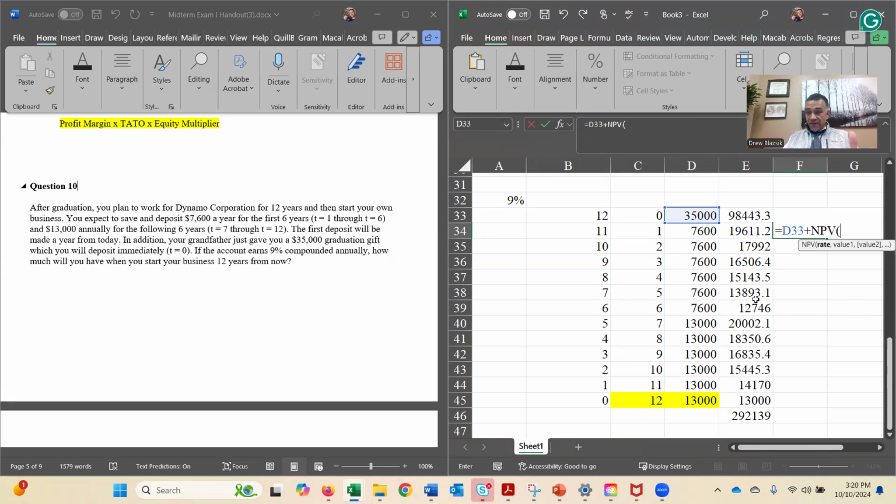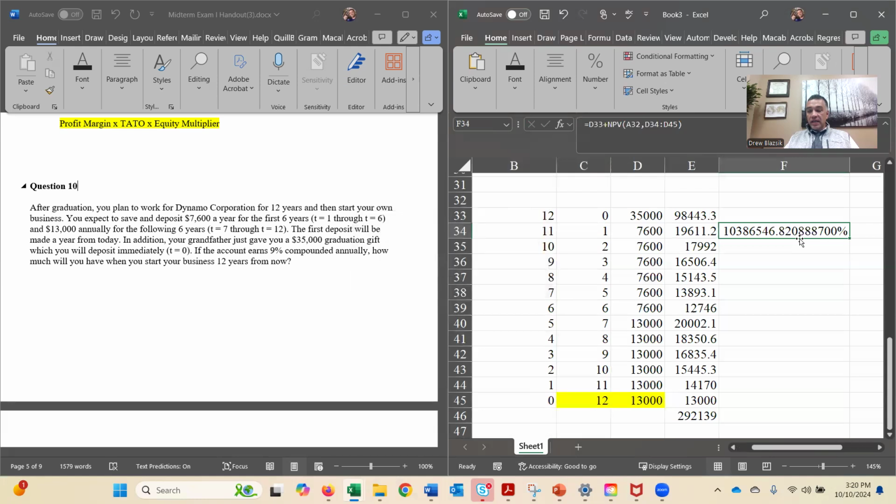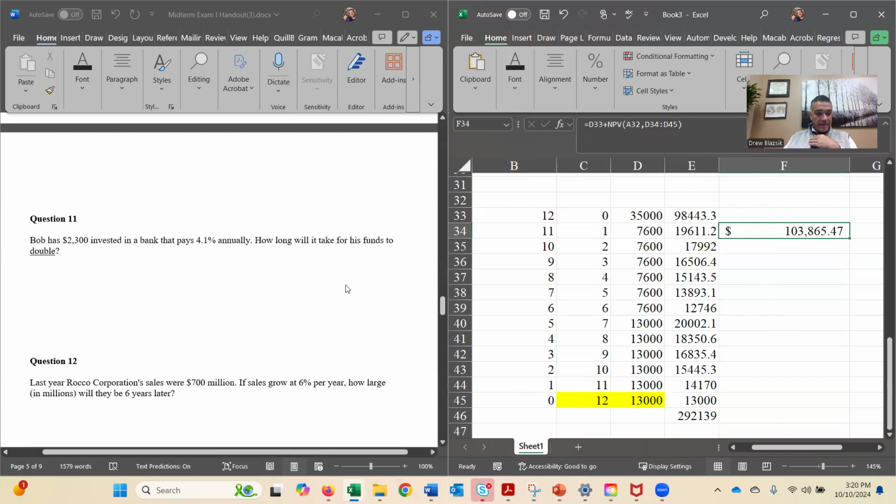So if I want to find the present value of all those future cash flows, I'm going to hit the rate, and then I'm going to highlight all the future. So that would be not that. That would be the present value of all future cash flows because we're discounting future, or I could have just divided each one by that. Okay. On to the next.